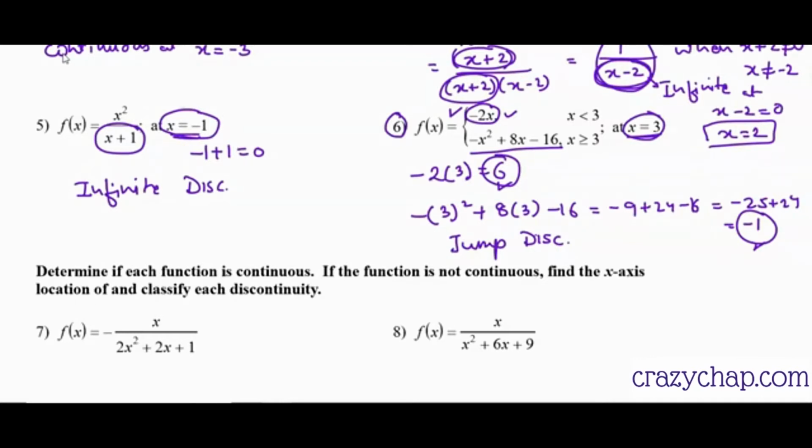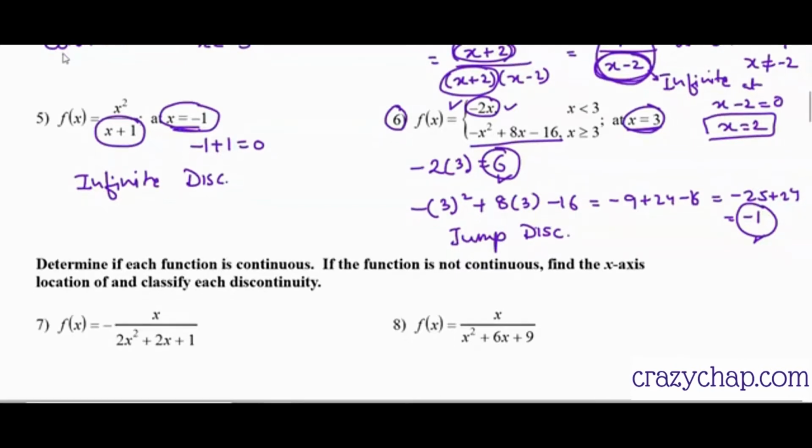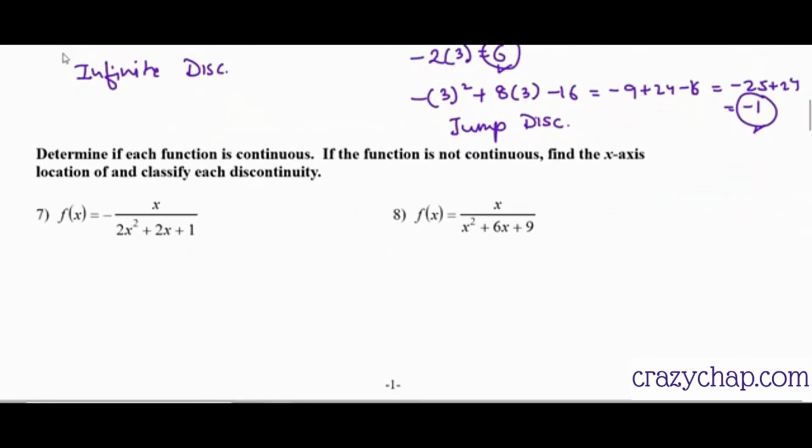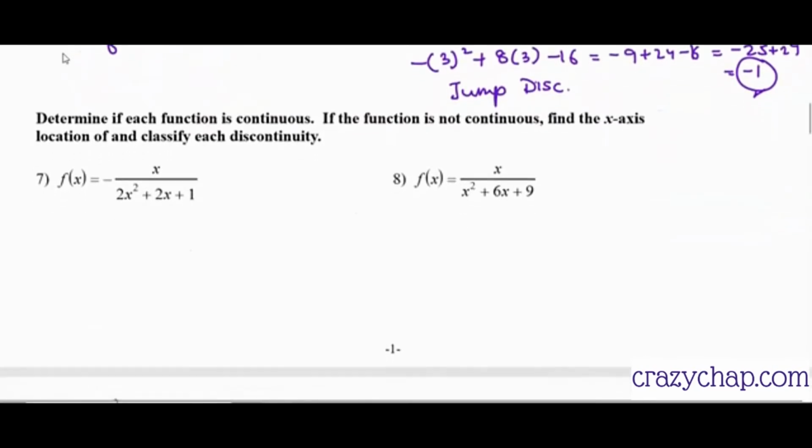Okay, let's come to question number 7 now. We have to determine if each function is continuous or not. If not continuous, find the x-axis location of and classify each discontinuity. Because it is a rational function, we will have two jobs. First, to check whether we have a common factor in numerator and denominator, and second, whether there is any value of x for which the denominator is 0.